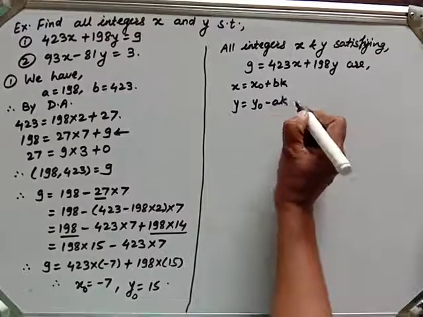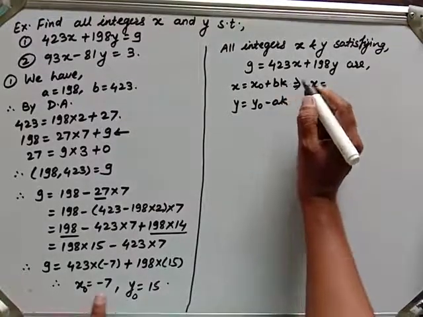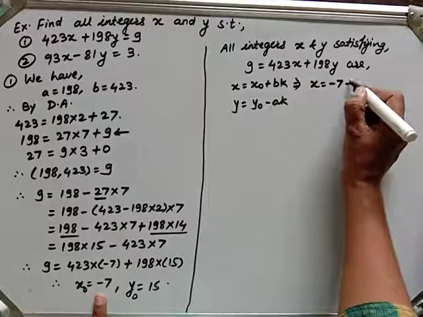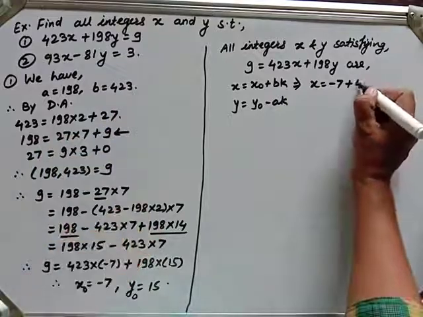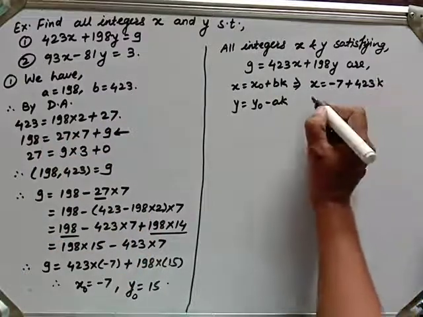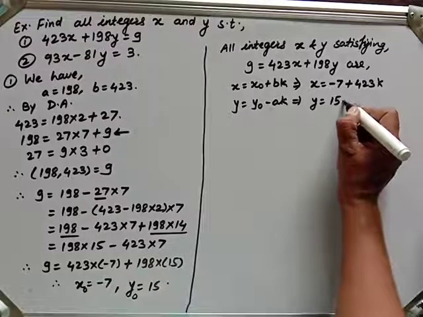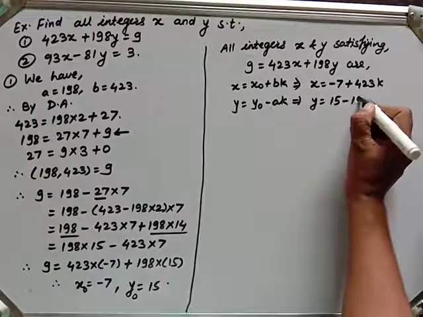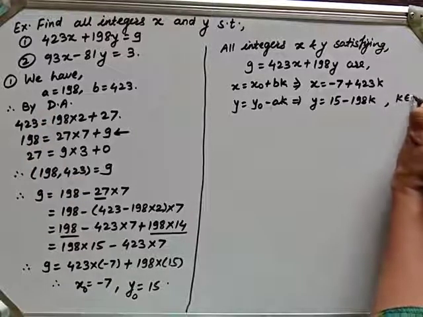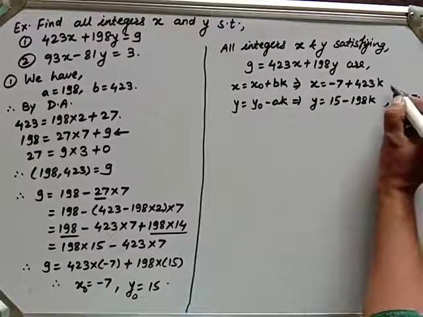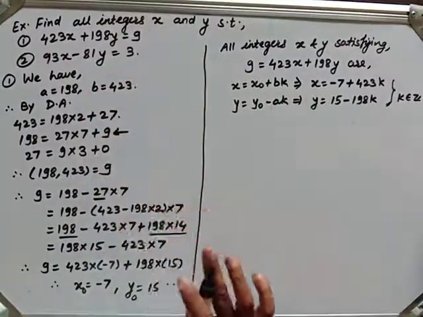We have seen this in the remark. So x is equal to x0, minus 7, plus b, which is 423k, and y is equal to y0, which is 15, minus a, which is 198k, where k is any integer. All those x and y satisfy this equation.